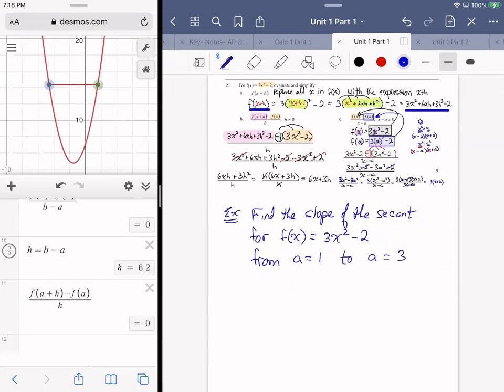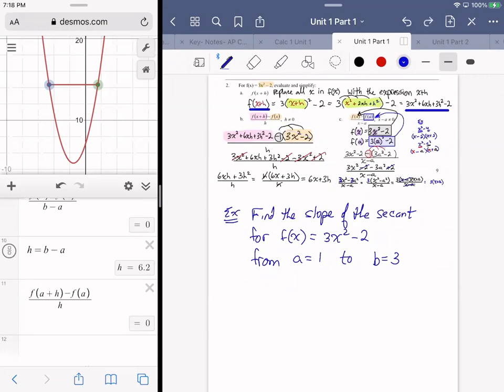Oh, sorry, b equals 3. There's 2 ways that we could go about doing this, we could use the lengthier difference quotient, or we could use the simpler, more user-friendly one.